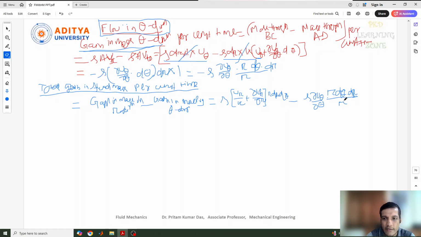This is the equation we got. Now this is the gain in mass in the r direction plus the gain in mass in the theta direction, not minus, that is plus. So you will get this value, rho into this value in the direction of r, and this value in the theta direction. So these things we can write here.